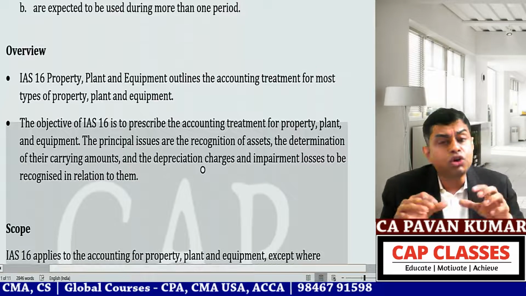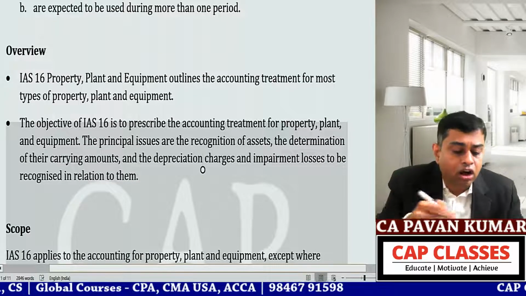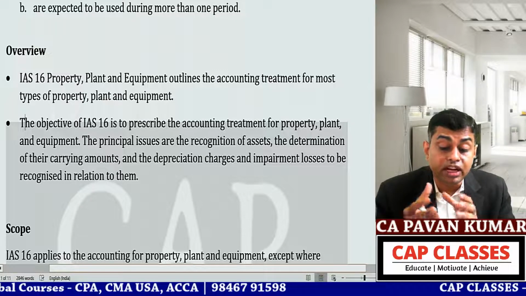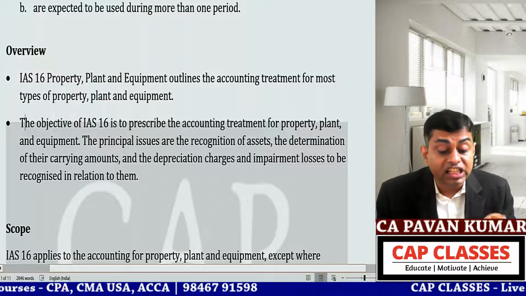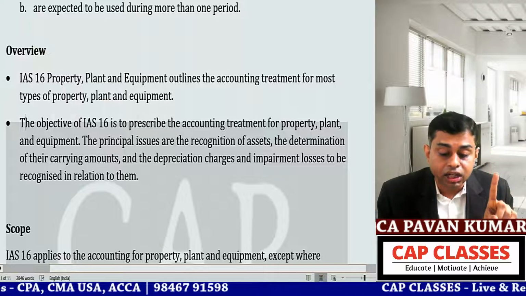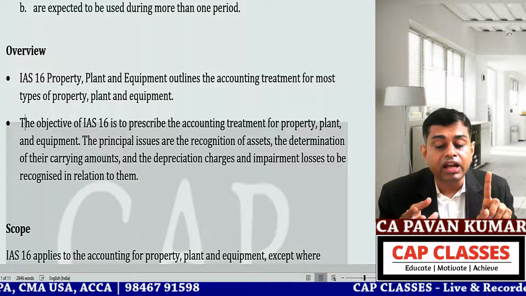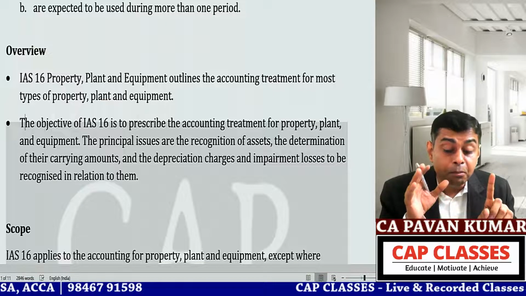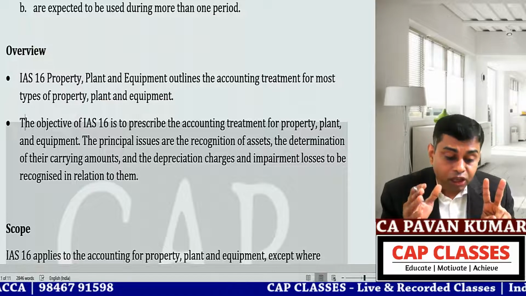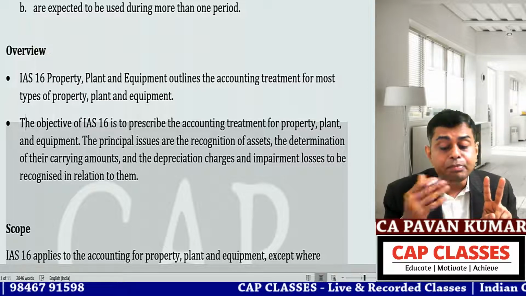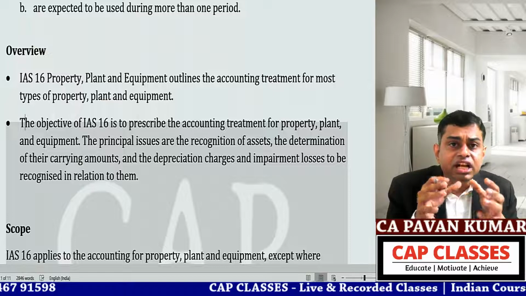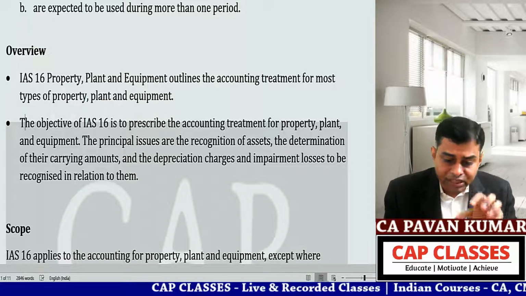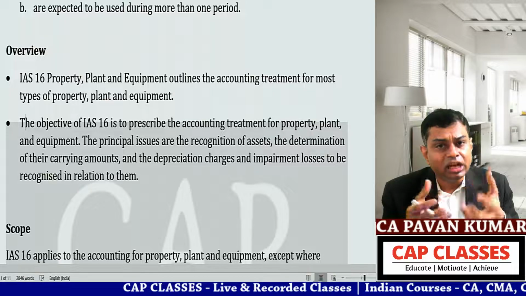So when you understand this, you don't need to learn by heart. Now read this. The objective of IAS 16 is to prescribe the accounting treatment for property, plant and equipment. The principal issues are: one, recognition; two, determination of carrying amount, which means measurement; and depreciation charges and impairment losses. After subtracting depreciation, you get the closing balance, so depreciation and impairment losses are also measurement things.